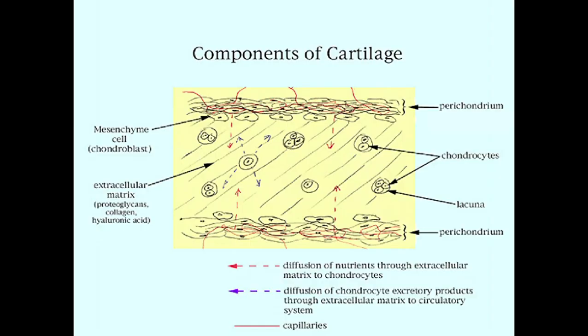So we have here an illustration of a developing cartilage. You can see on both sides we have the perichondrium. The perichondrium on the outer surface protects the chondrocytes in the middle portion, while the chondrocytes are undergoing deposition, setting the cells further apart from each other.